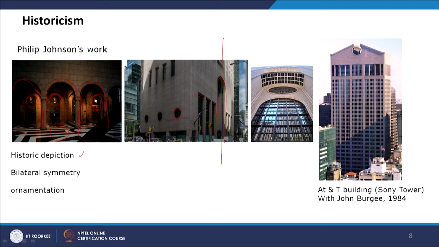So a lot of different design elements are there. And when we enter, this is the grand entrance with a bilateral symmetrical facade, which is also a depiction of historicism. In the building we can see a lot of different ornamentations clubbed together. So this is opposing what he started with. So this is the Johnson house, and with time he changed the design language of his work.